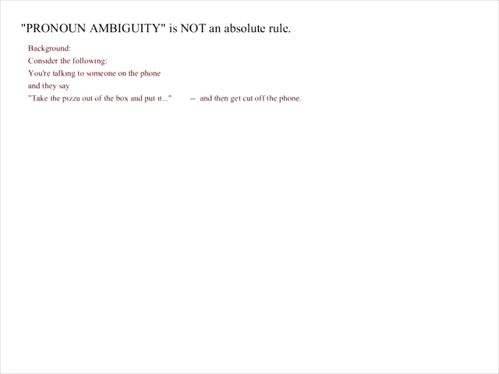So if this is all you hear, take the pizza out of the box and put it, then what is your first instinct as to what it stands for?